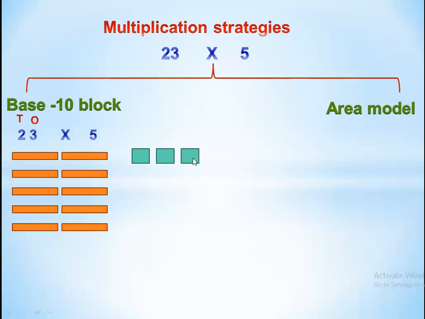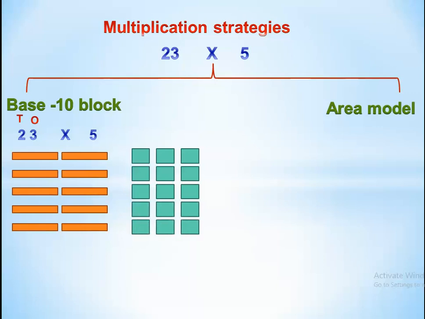Repeated how many times? 5 times. Okay, let's count. 10, 20, 30, 40, 50, 60, 70, 80, 90, 100. So here is 100.